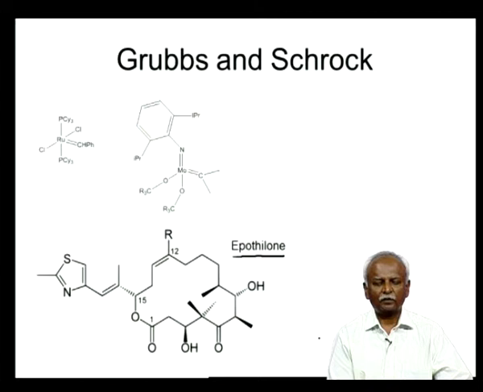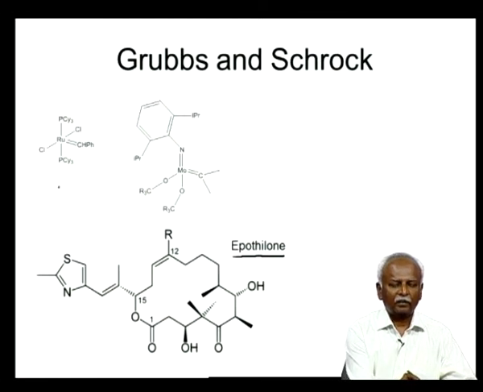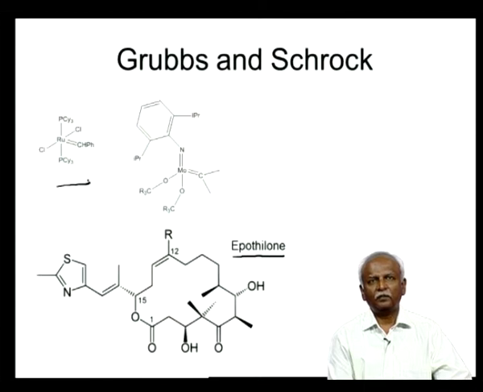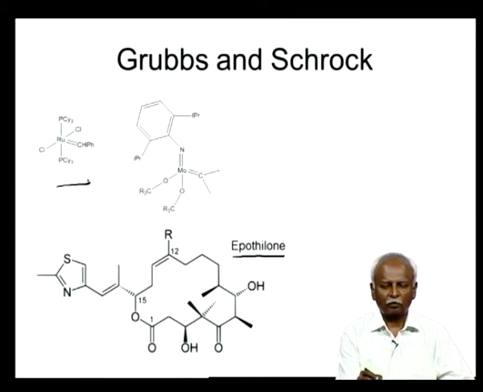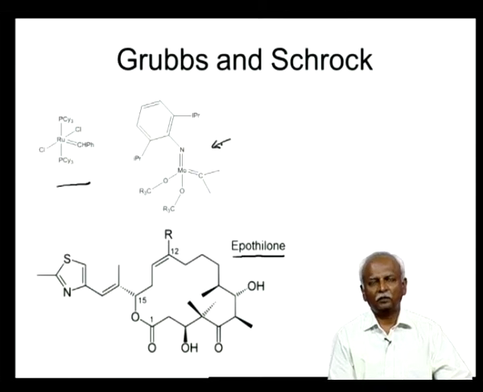And the catalysts themselves, some of them, the standard ones are pictured here. The pentacoordinated ruthenium complex is the one which was synthesized and popularized by Grubbs, and Schrock synthesized this molybdenum complex, and both of them led to an enormous spurt in the amount of organic synthesis schemes which could be carried out using metathesis reactions.